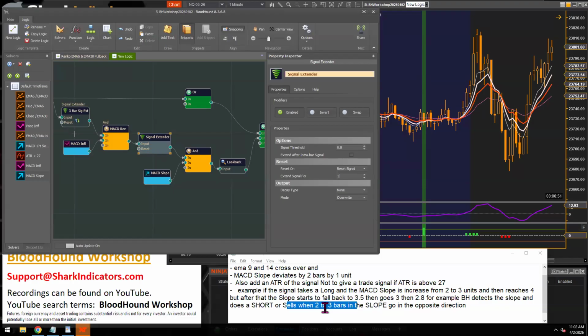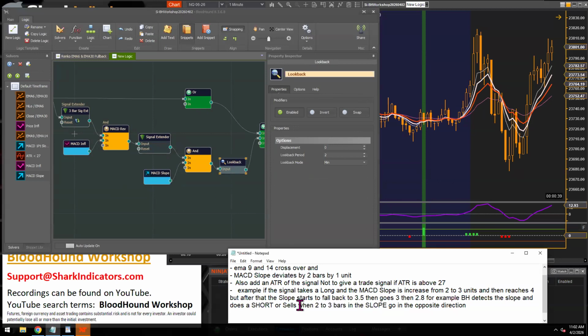Let me explain it this way. This signal extender and this look back node are both elements of this 2 to 3 bar continuation there.